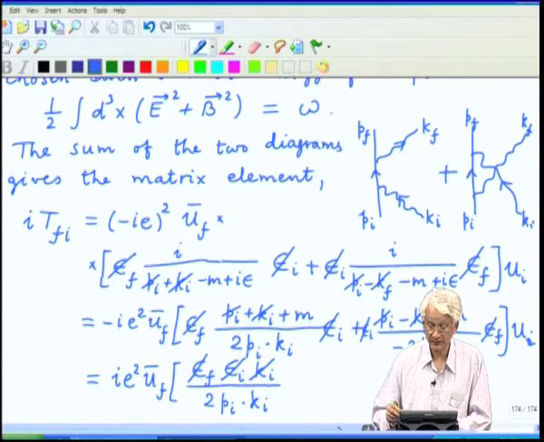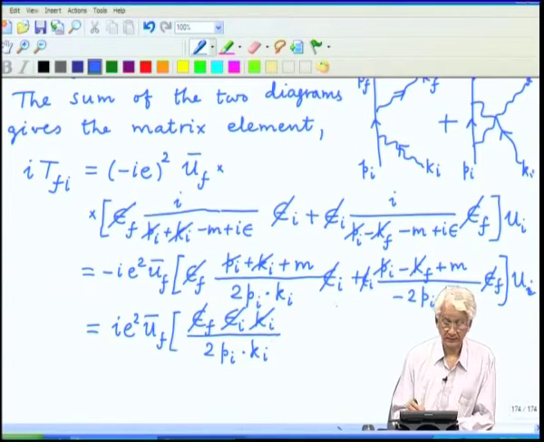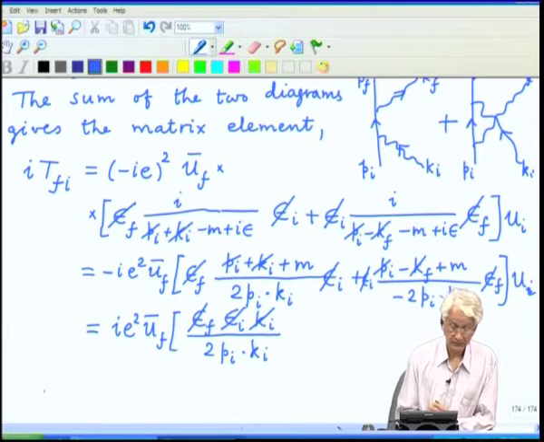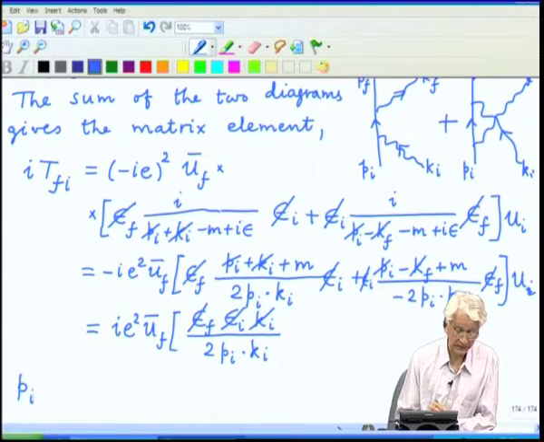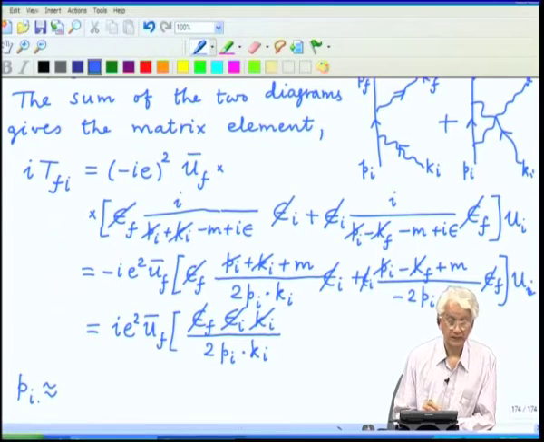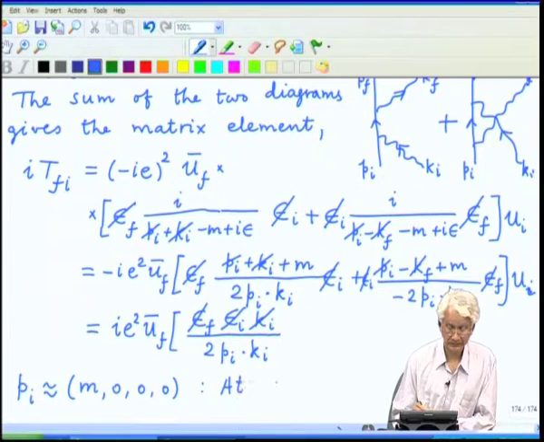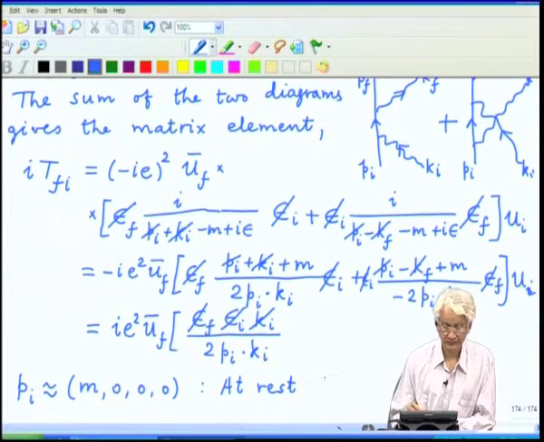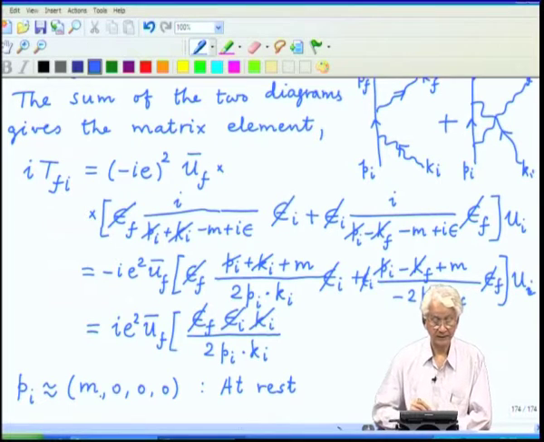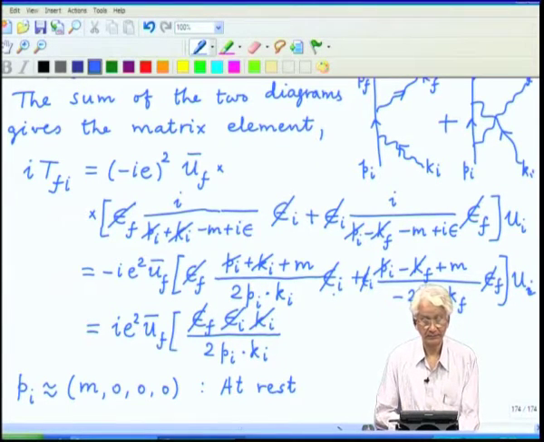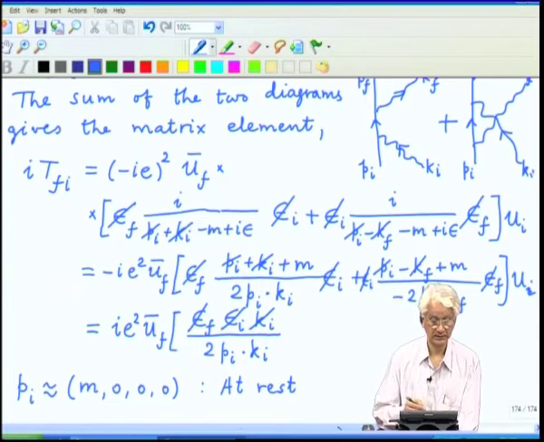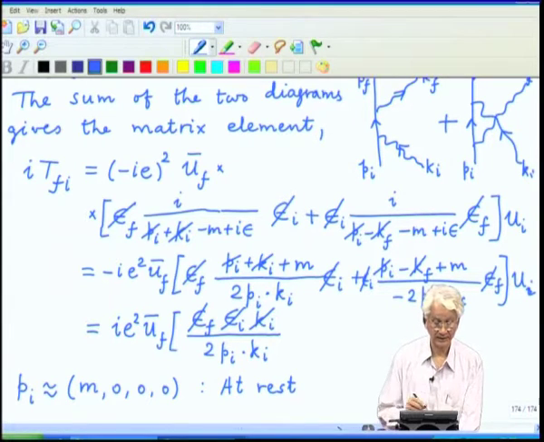another property, that the initial electron is essentially at rest, and so its structure is (M, 0, 0, 0), and the polarization is transverse, which has some component only in the space directions.